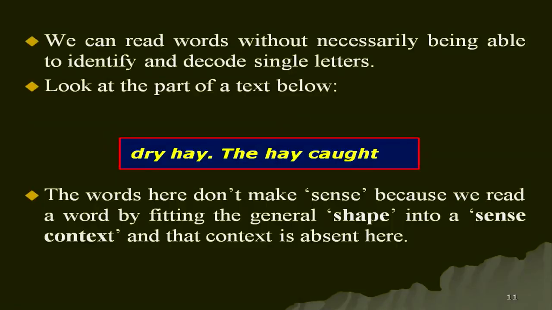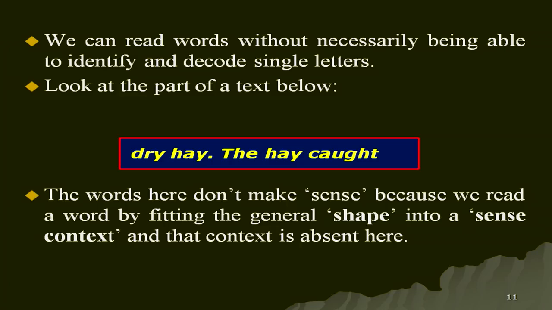We can read words without necessarily being able to identify and decode single letters. I have already mentioned that. Even if you do not decode every single letter, you will be able to read it. But now let us see what happens. Look at the part of a text that I have given here: "dry hay. The hay caught."